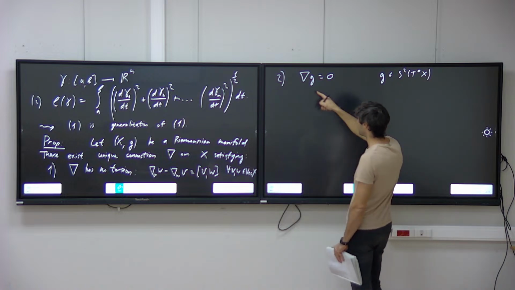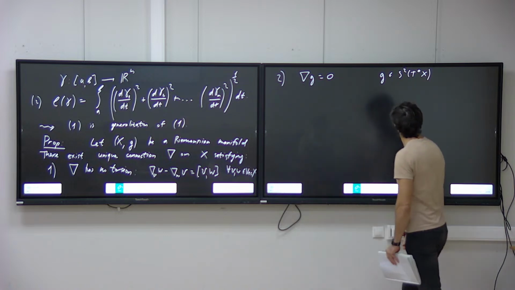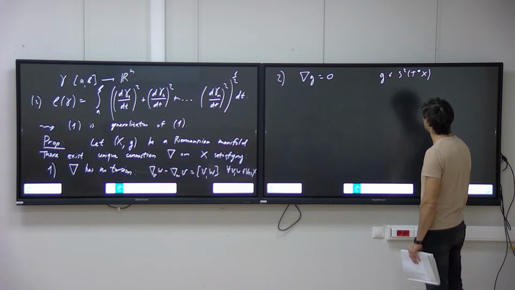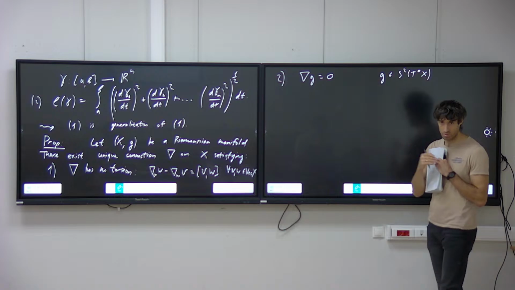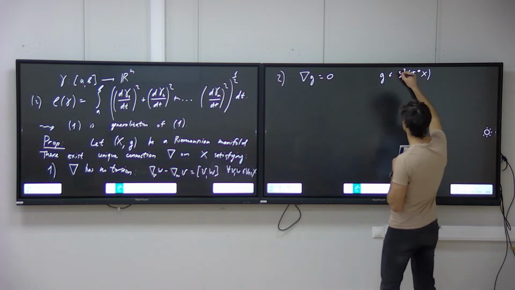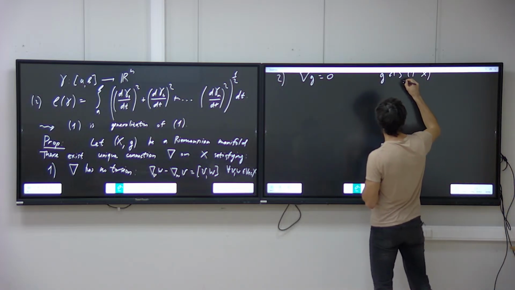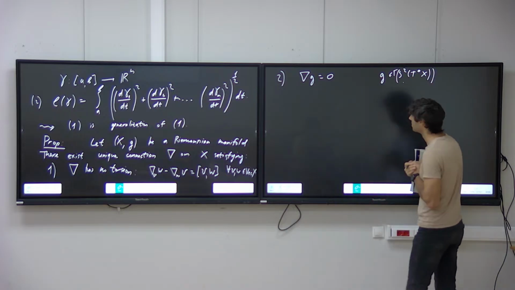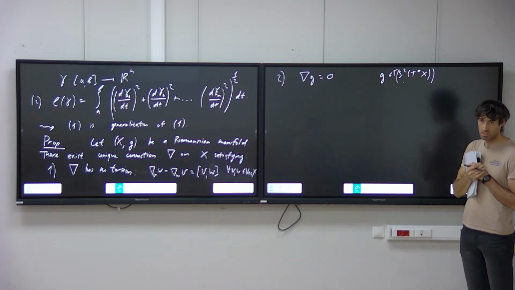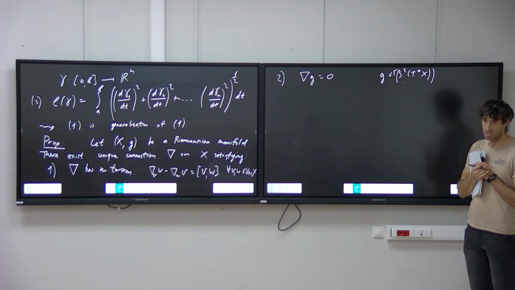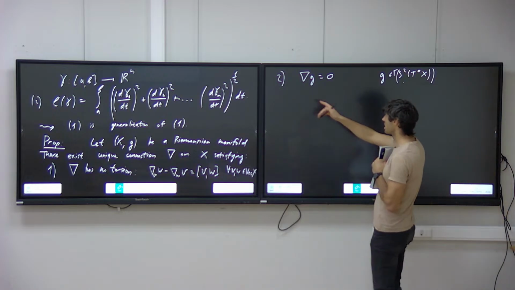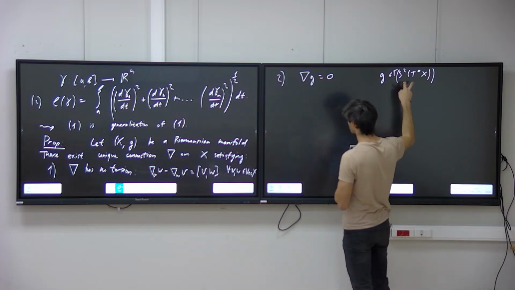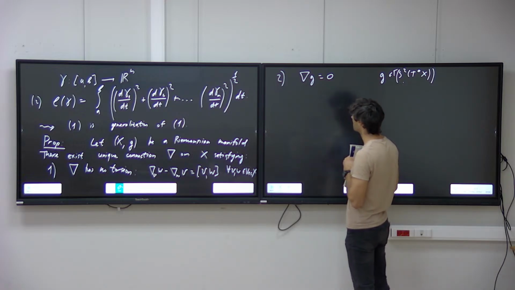And nabla can eat sections of TX, so this should be gamma of this, a section of this. So what does that mean?